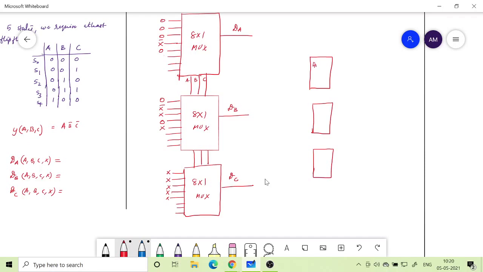So it has DA, DB, DC. So this is my A out, B out, C out. So DA will give, DB will give, DC I will give. So that is my storage element.